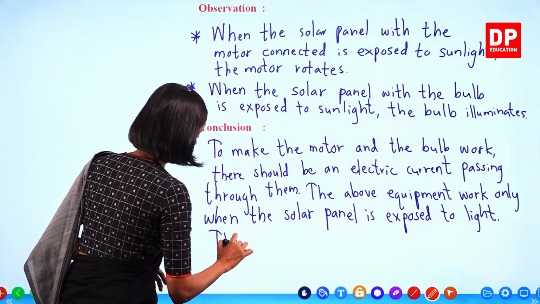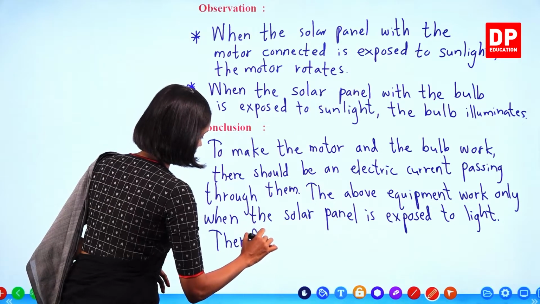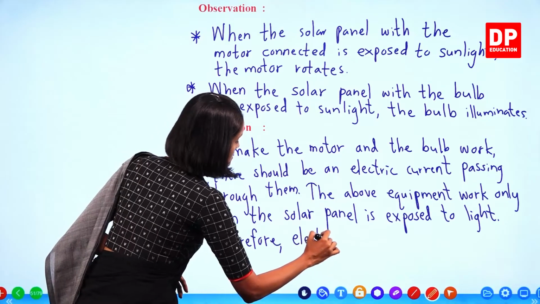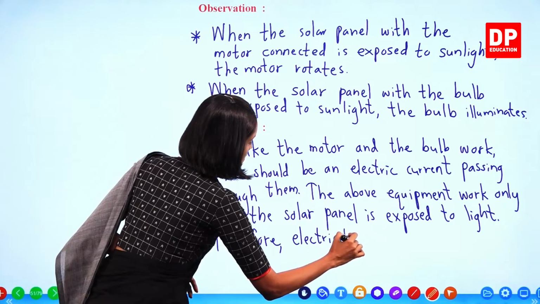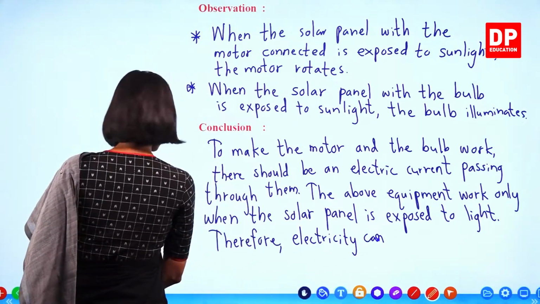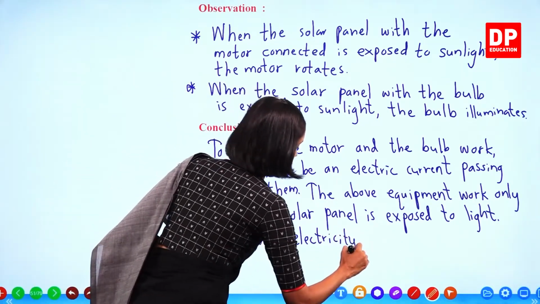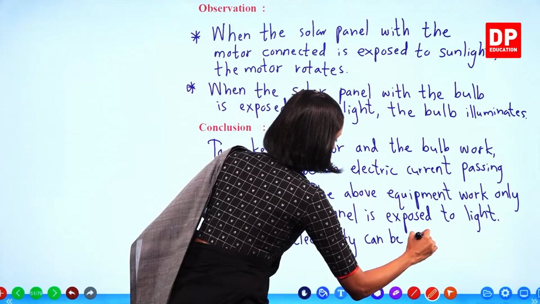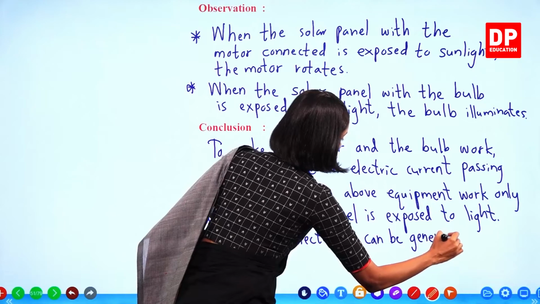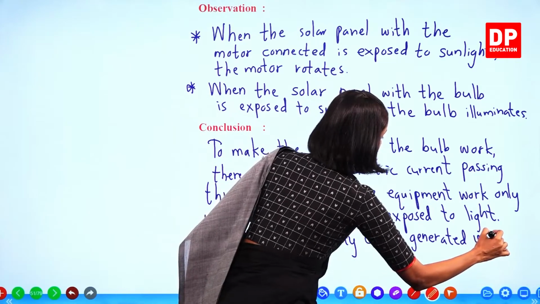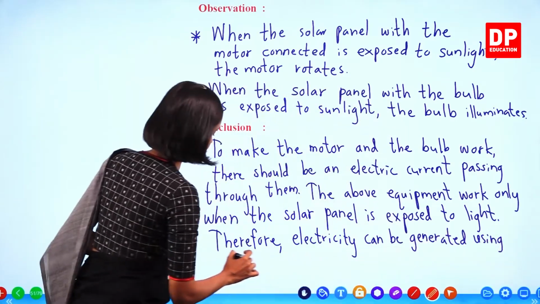Therefore, electricity can be generated using light energy.